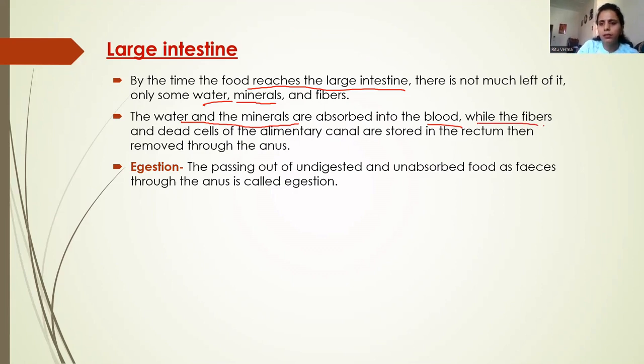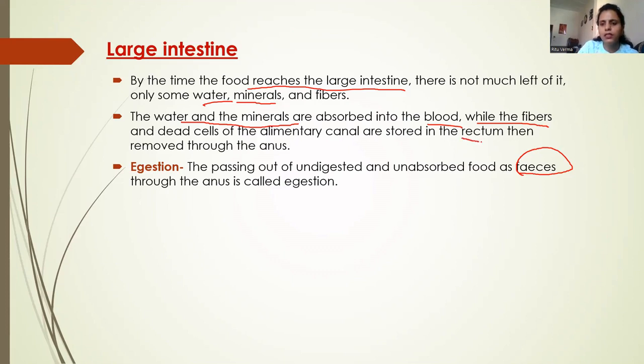The fiber forms a part of undigested food, and this undigested food is known as faeces. So water and minerals are absorbed by our body in the large intestine. Fiber forms the part of undigested food, which is called faeces, and this undigested food passes through the large intestine, which is also called the colon, and in the last part of the large intestine it gets stored temporarily.